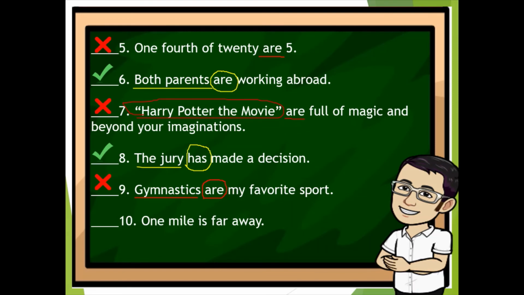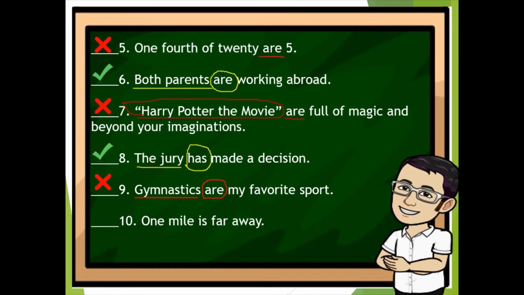So it refers to a single activity. It is not referring to different activities within that sport. So gymnastics is a singular subject. So what should be the verb here? So the verb here should be is and not are.